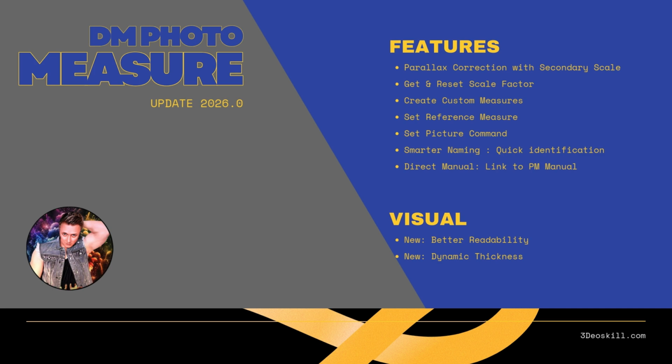The font now has a little bit of space from the line. In previous versions, the font was exactly in the same place as the plane on the Z-axis when you are in picture mode, so it was hard to read. This was also improved.